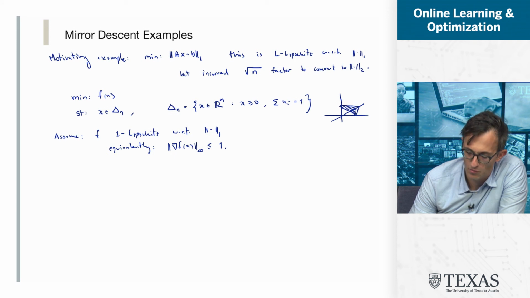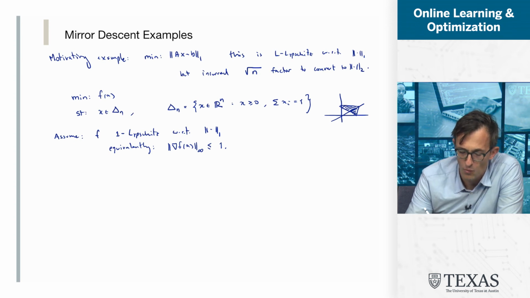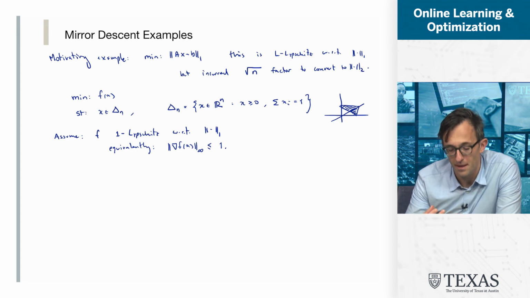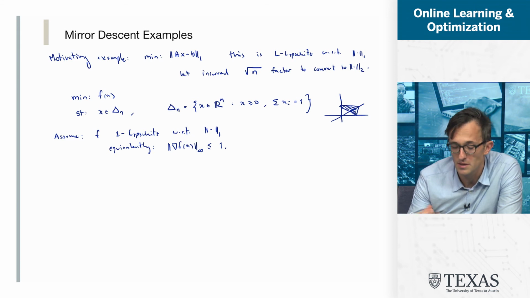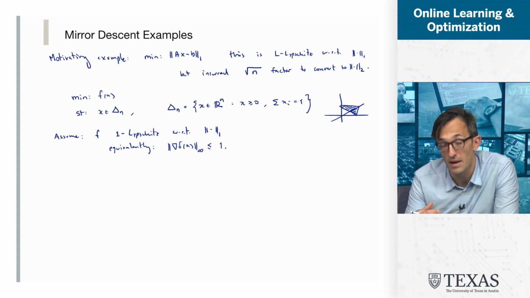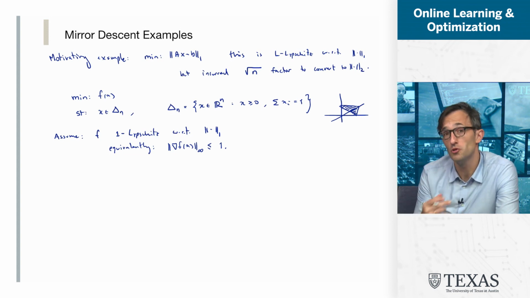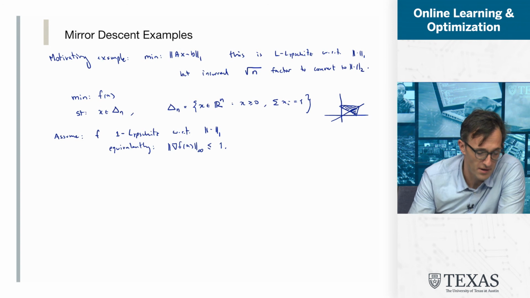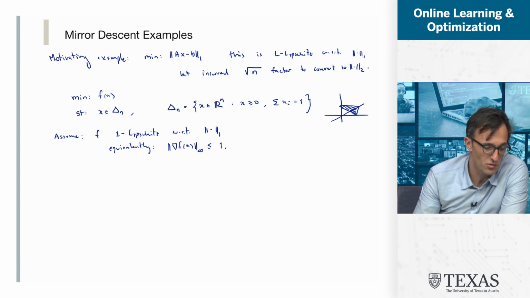Why does our robust regression fit exactly into this paradigm? Because the subdifferential of the L1 function is just the sign of what's inside. So the subdifferential is a vector of numbers between plus 1 and minus 1, and you have control in the infinity norm. But if you try to convert that to an L2 bound, you get a very bad result: you incur this square root of n.